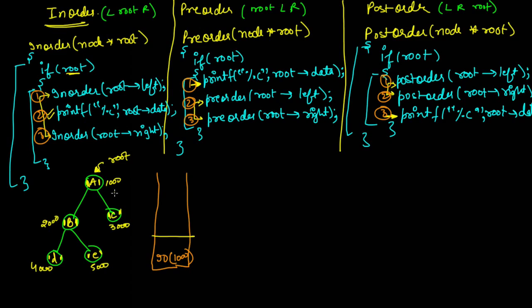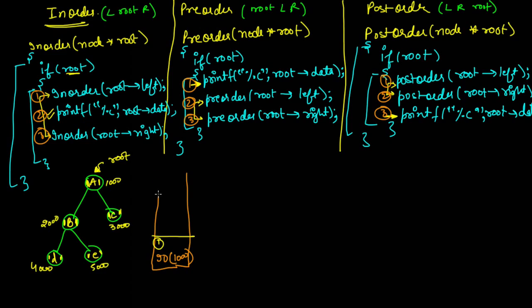The root is not storing null; whenever root is storing null, this if statement will not be executed, and whatever is inside it will not be executed. Here this root is not null, therefore initially we are going to execute line number 1, and after we finish line number 1, only then are we going to execute line number 2 and line number 3. I guess it will be difficult to understand this.